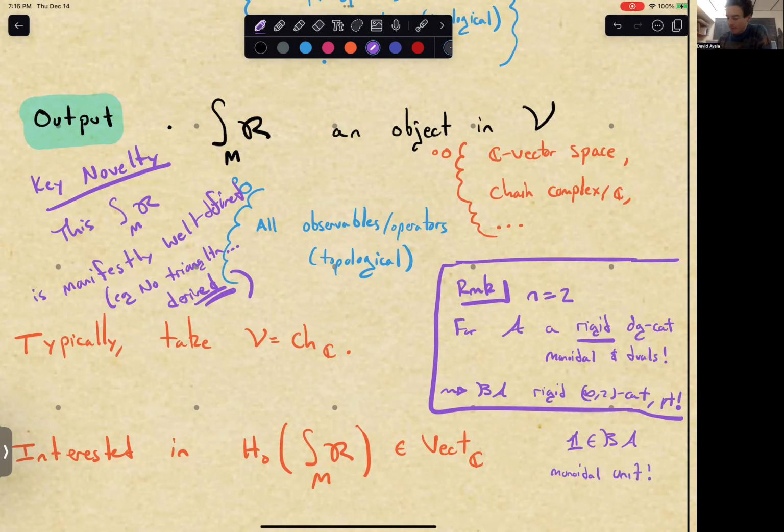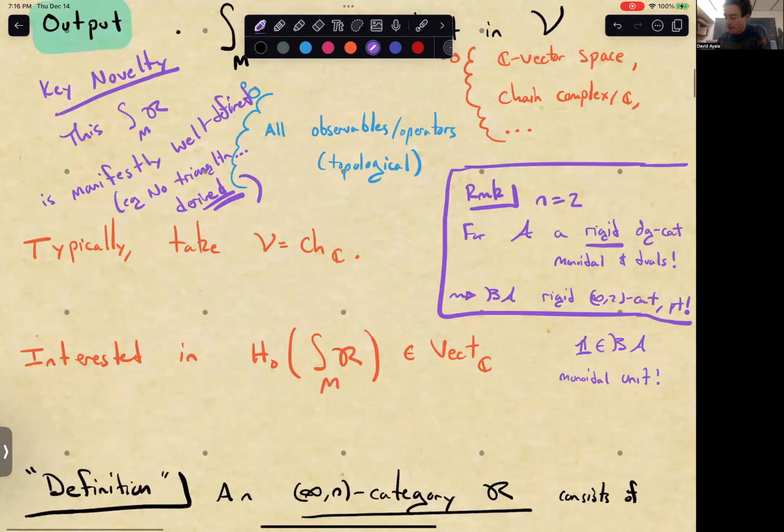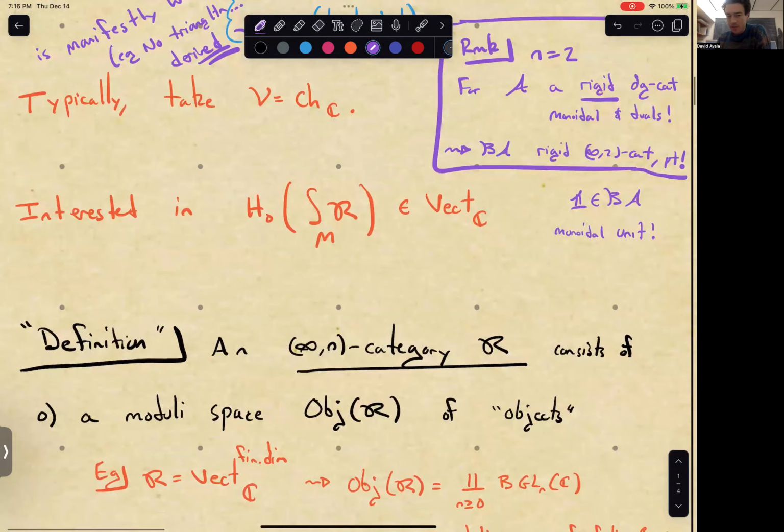Okay. Here's an informal definition of an infinity n category. So you are welcome to just omit this if you like, just for discussion's sake. Though, as I indicated above, the real advantage of this theory is that this is all true in a derived setting.